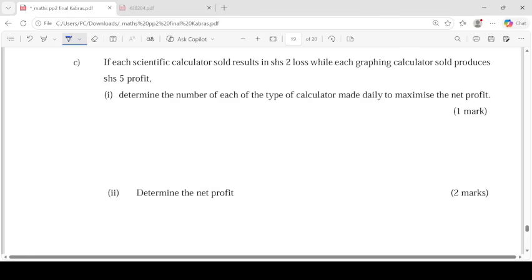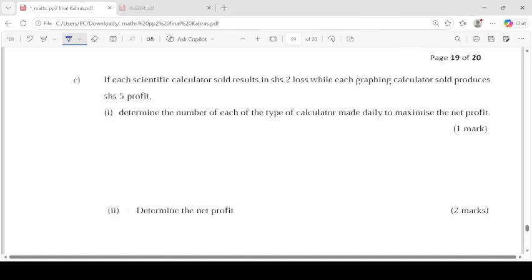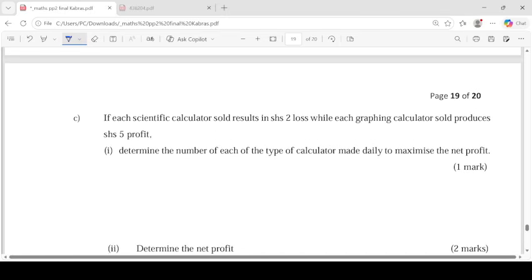So in this case, to maximize the profit, we determine the number of each type. Each scientific calculator sold is 2 shillings loss, and each graphic calculator sold is 5 shillings profit.